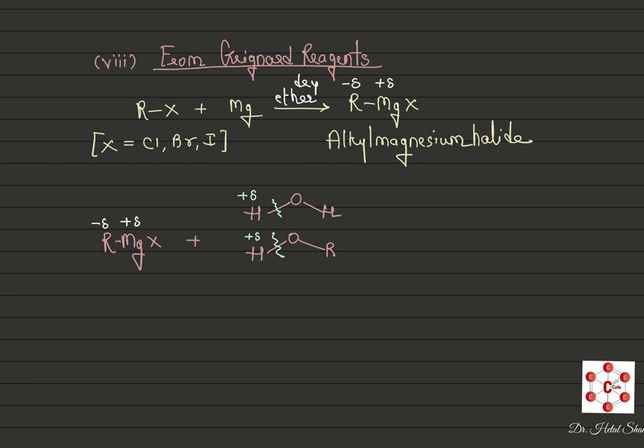If not this, you take hydrogen connected to nitrogen, let it be ammonia or anything else. Again the same thing. So you take Grignard and react it with ammonia, with this alcohol, or with water. Your product will be: the R of the Grignard combines with H and forms an alkane.